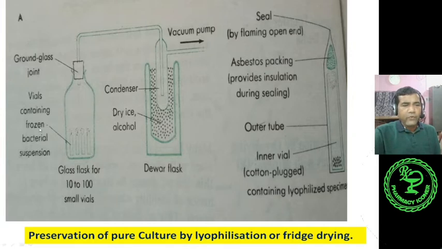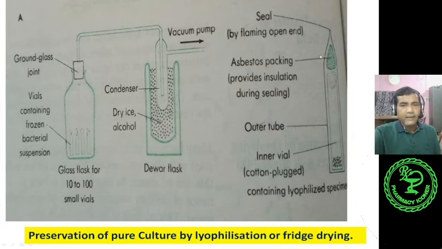The bacterial suspension is frozen here, and vacuum is applied. So what will happen? The ice present here, the frozen water present here, will evaporate, and the vials will be dried completely. So it will look like this.